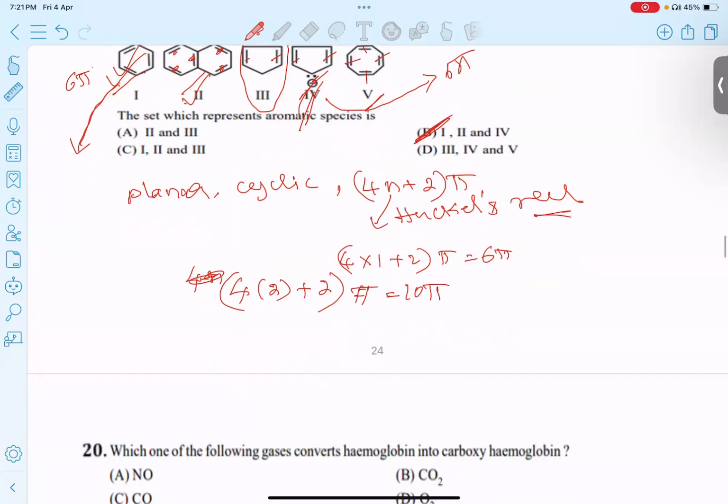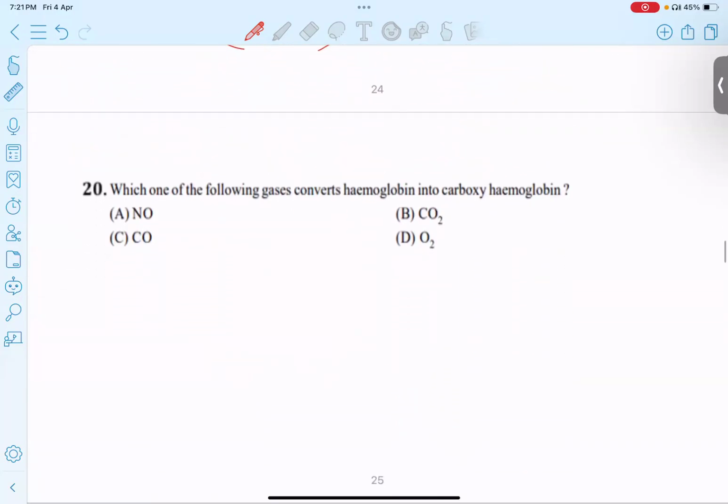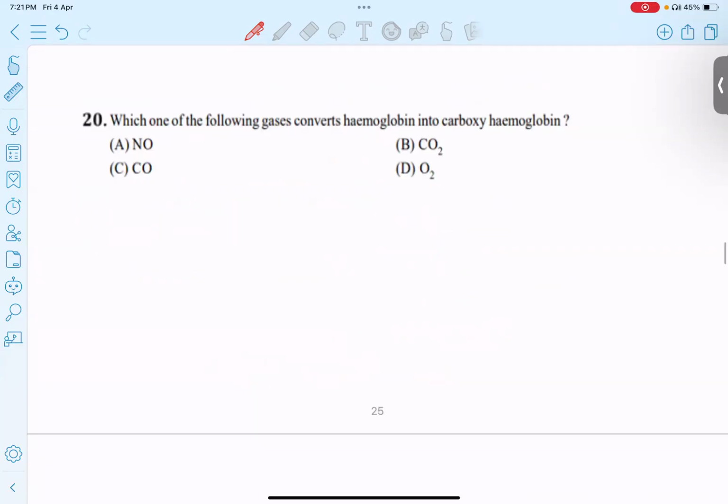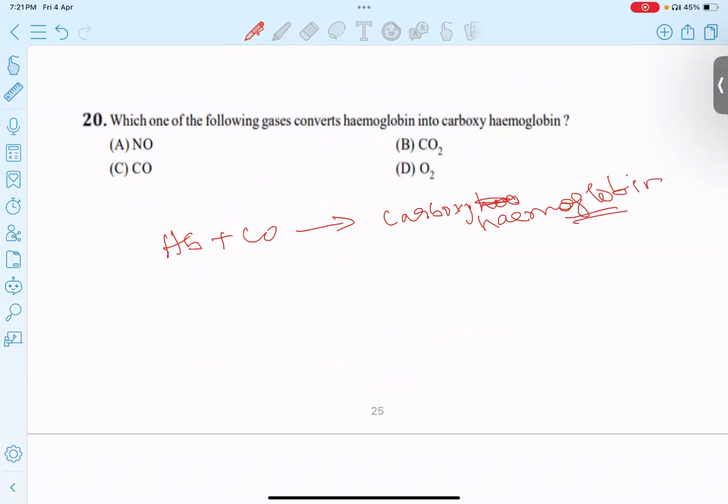So next, let us go to the next question. Which one of the following gases converts hemoglobin into carboxyhemoglobin? Hemoglobin reacts with carbon monoxide to form carboxyhemoglobin.